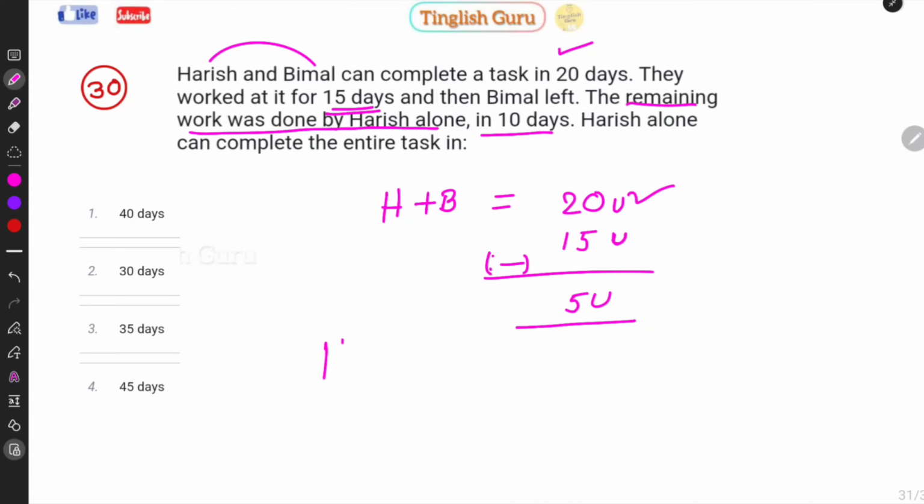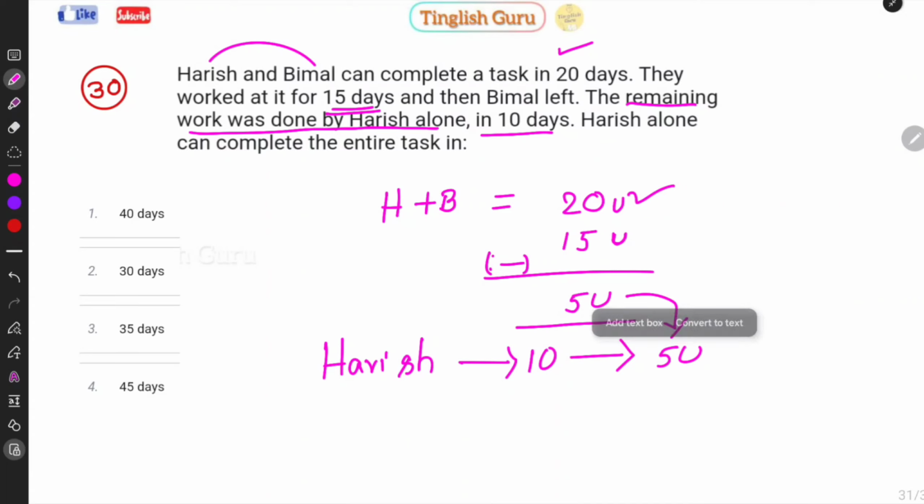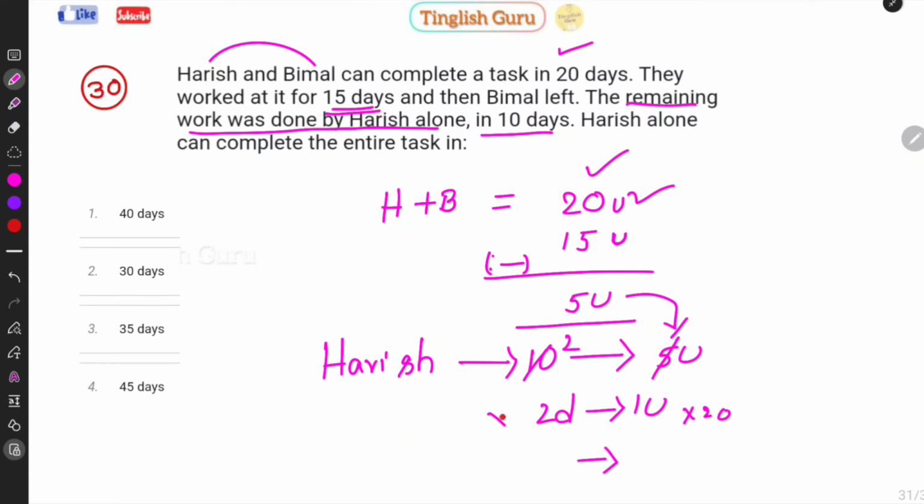So Harish in 10 days did the remaining work. What is the remaining work? 5 units. So in order to do 1 unit, he will need 2 days. So in 2 days he will complete 1 unit. So in order to complete the total work, what is the total work? 20 units. So multiply both sides by 20.